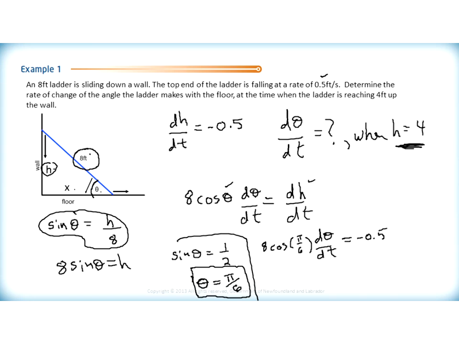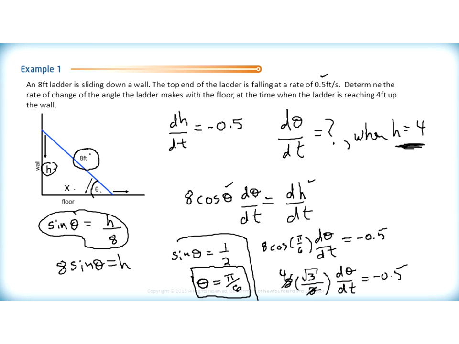Well, let's work some stuff out here. Cosine of pi over 6, I believe to be root 3 over 2. So this is 8 times root 3 over 2 times d theta by dt is negative 0.5. So I can simplify this over here and call it 4 root 3.